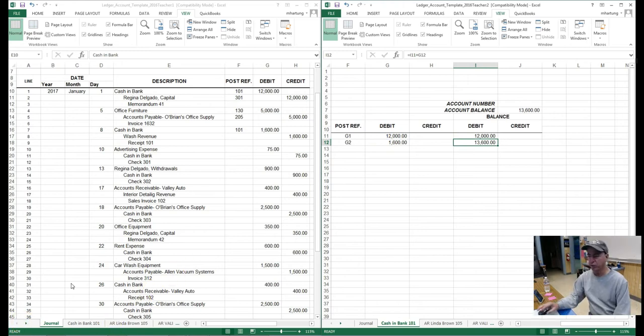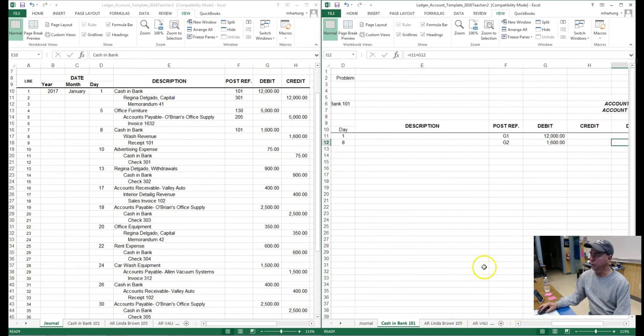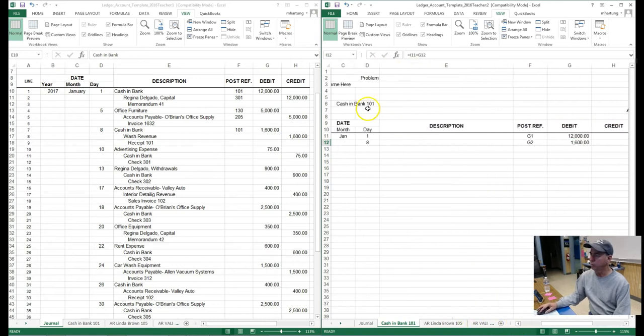And then we return back to the journal and take that account number 101 right there and type it in here to indicate that we posted that account. And so we did that for capital, office furniture, accounts payable, cash and bank, and I believe that's where I left off.